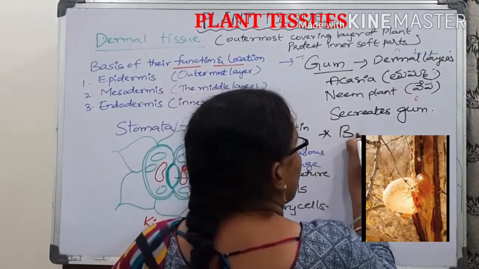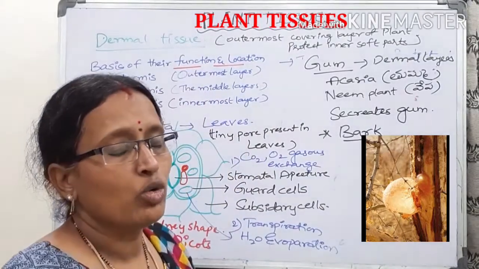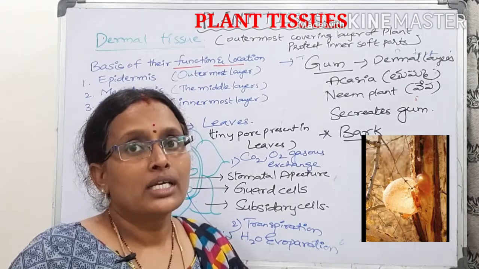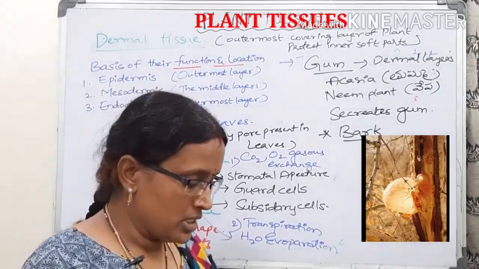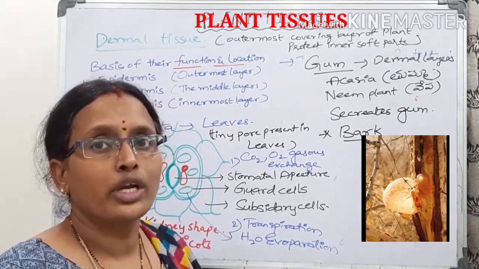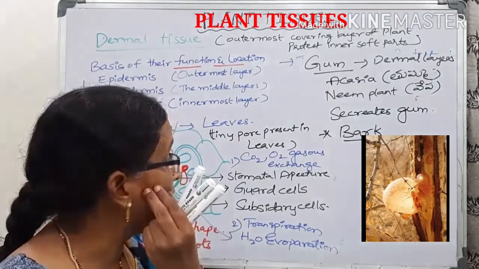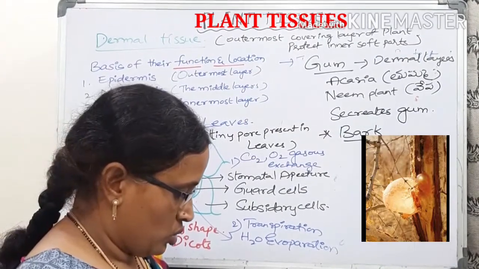And bark. We know Cinnamomum zeylanicum, which we eat. We call it dalchina chekka. We use it for cooking purposes. This is also a several layer of outermost dermal layer; bark is also a dermal layer only.